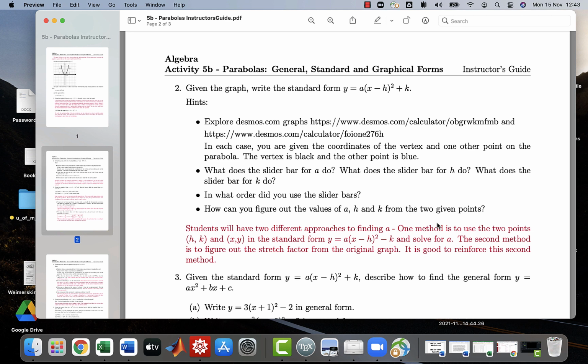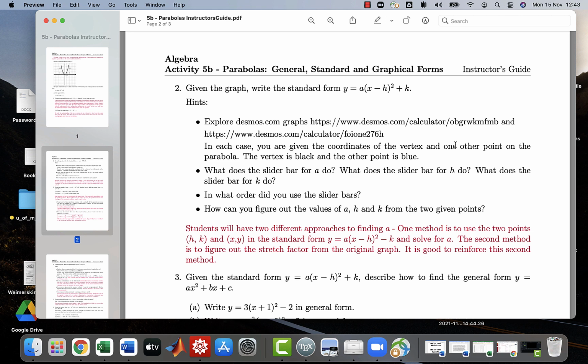Question 2 asks them to go the other way. There are a couple of Desmos graphs. They have slider bars, and they're going to start moving the slider bars around. Again, number 2 should just reinforce activity 5A. H moves it left and right.